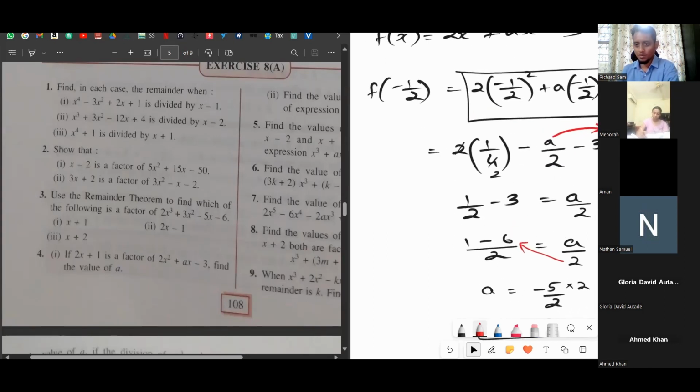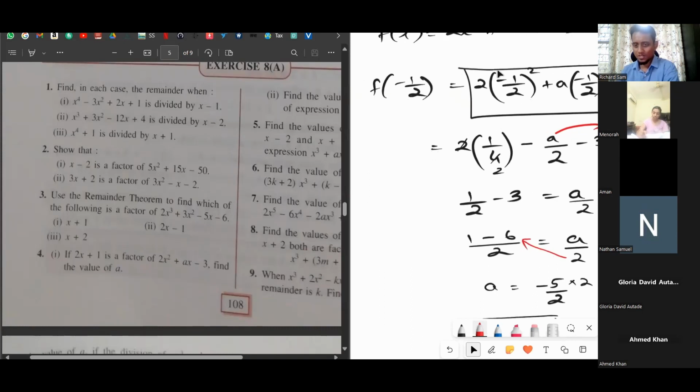Okay, so let me just explain what I've done over here. So first step, I think you all understood, is just squaring and then multiplying a into minus 1, which is minus a upon 2. Now we need to make a the subject. So this a upon 2, we will take it on the right side because it's a minus. So when I move it on the right side, it will get added to the 0. So after adding to 0, it becomes a upon 2 only. Right? The minus becomes plus.